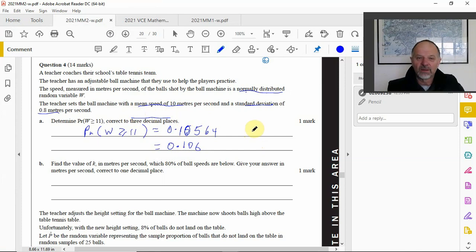All right, so 0.106. Next: find the value K in metres per second, which 80% of the ball speeds are below.